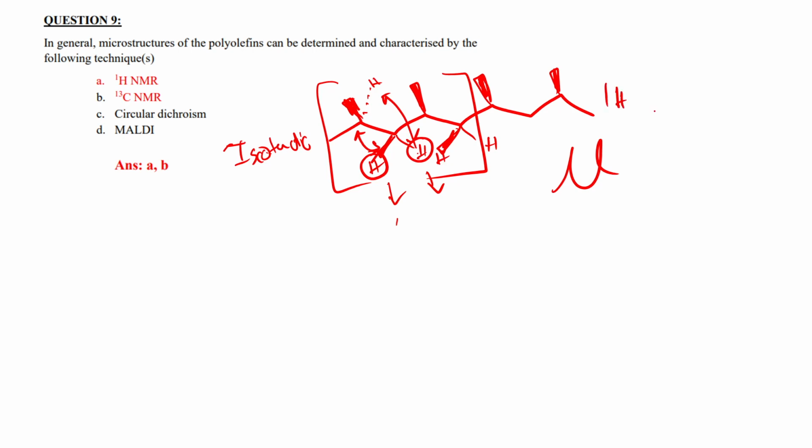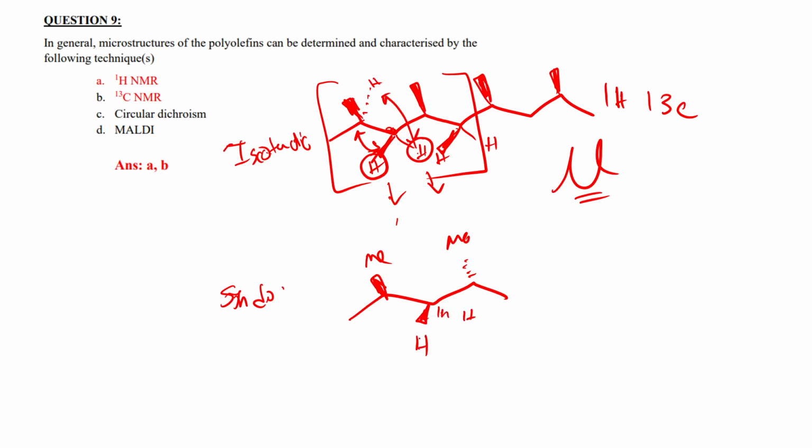So with proton NMR we can observe this with certainty. And now for the other case, they are in the same environment, because this proton is close to this methyl and this proton is close to this methyl.